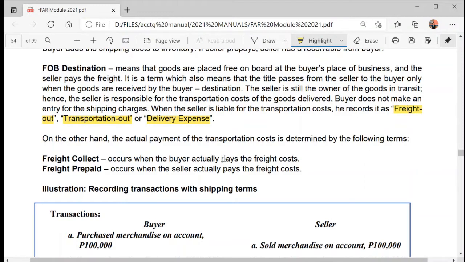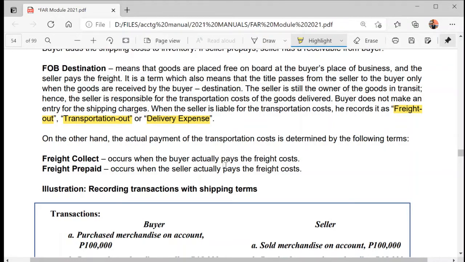So it's not automatic that whoever paid the common carrier is the one responsible for the freight. Because the seller can just accommodate the buyer, that's why he paid it first, but the agreement is FOB shipping point.